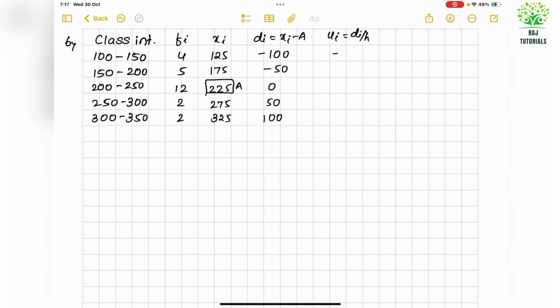So this will be minus 2, minus 1, 0, 1 and 2. Now fi ui will be minus 8, minus 5, 0, 2, 2. So sigma fi will be 25 and sigma fi ui will be minus 7.